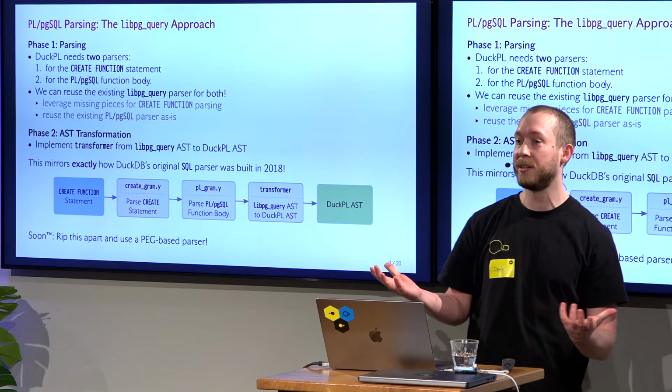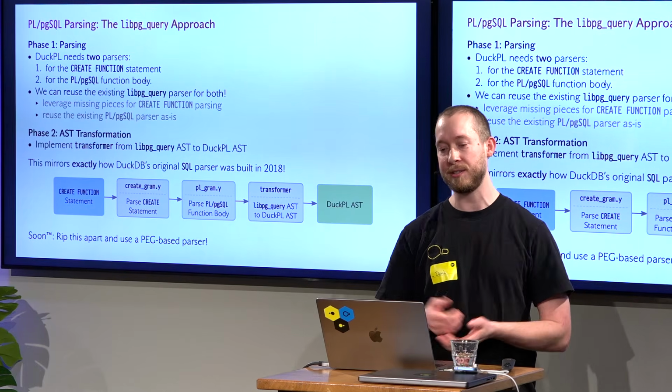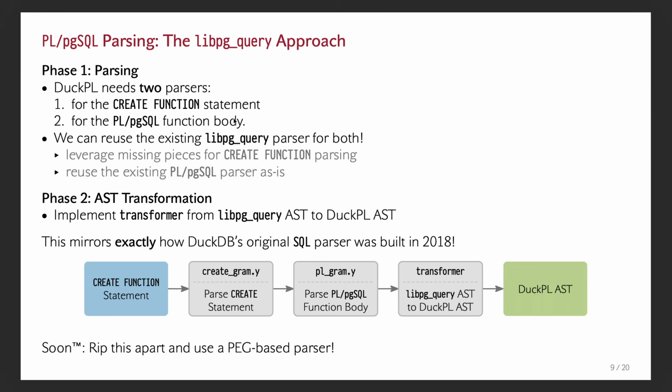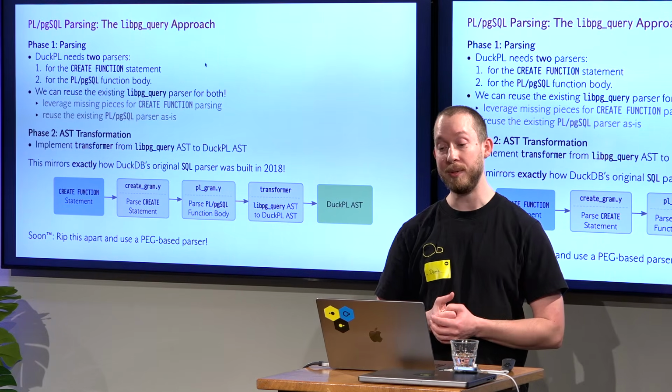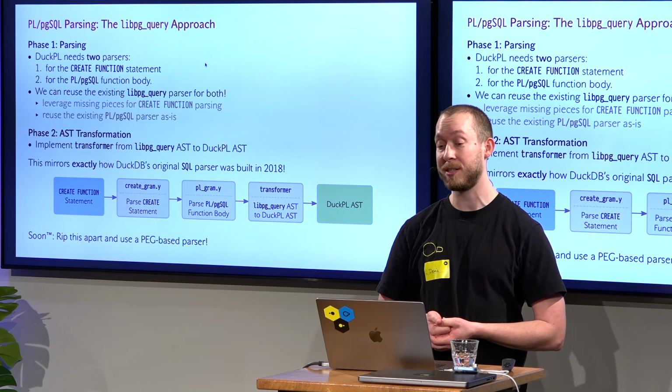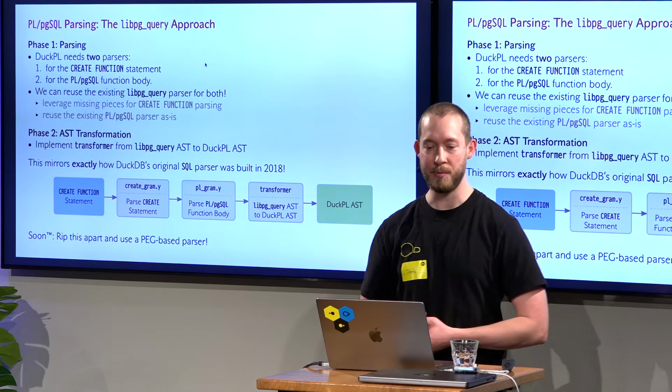The whole parsing is split into two phases. First, we parse the create function statement. Then we parse the PL pgSQL body. And we just rely on the libpgquery parser infrastructure for that, at least for the time being. The system, DuckDB, is switching to a peg parser, and we will do the same thing here.